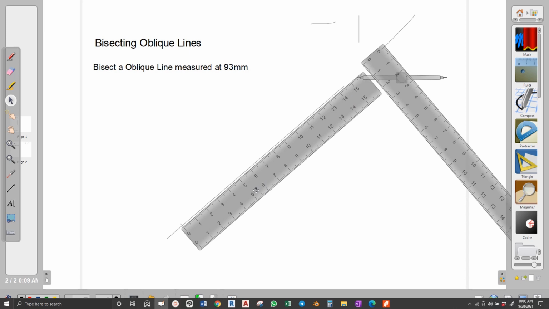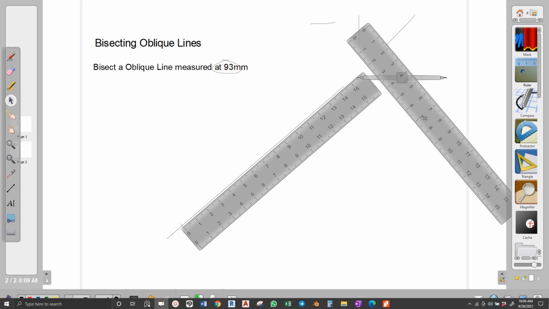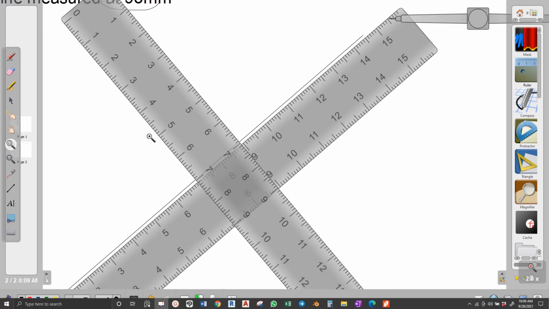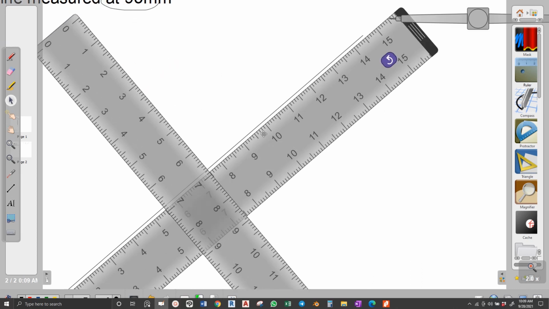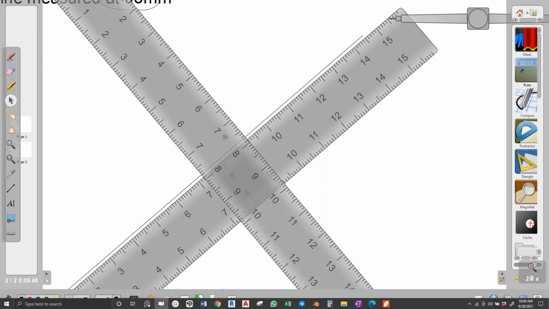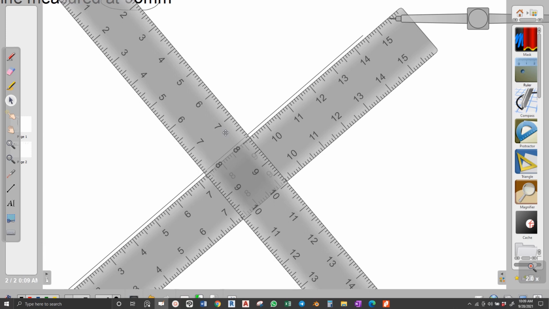So once you've marked out your beginning line segment, you're then going to measure the distance. And in this case, the distance is 93. So we have 9 centimeter, which is also 90 millimeter. So we're going to take that and we're going to try to see if we can find 93. So we have 9. If this is 9, then the next stroke after will be 91, 92, 93.